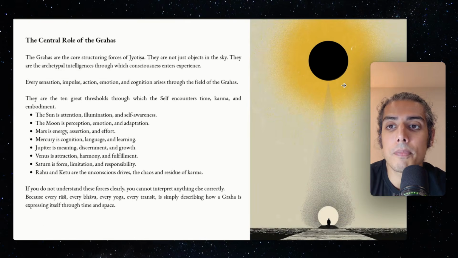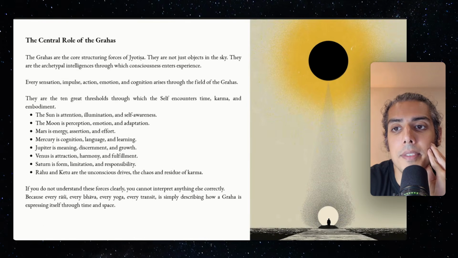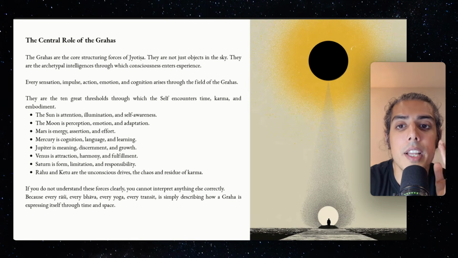So the central role of the grahas. The grahas are the core structuring forces of Jyotish. They're not just objects in the sky, they are the archetypal intelligences through which consciousness enters experience.